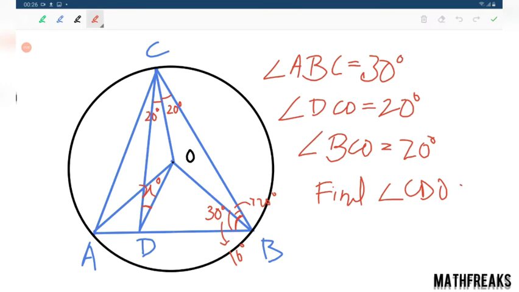This is 10 degrees. This is radius, this is also radius, so this angle should be 10 degrees, because this equals this. Interestingly, this angle is 30 degrees. So this angle should be 60 degrees.